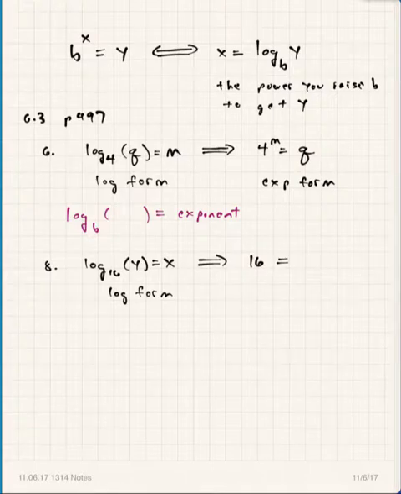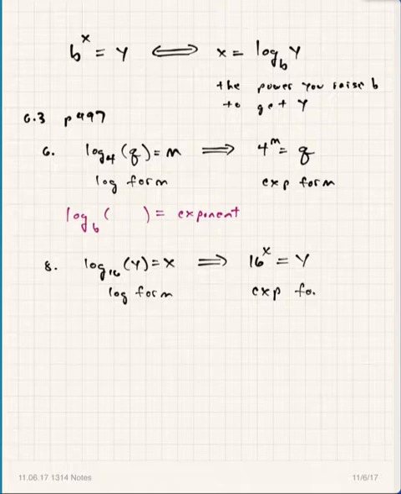In problem number 8, the logarithm is equal to x, so this is 16 to the x is equal to y. That's our corresponding exponential form. Logarithm base 16 of y represents the power you'd raise 16 to get y.